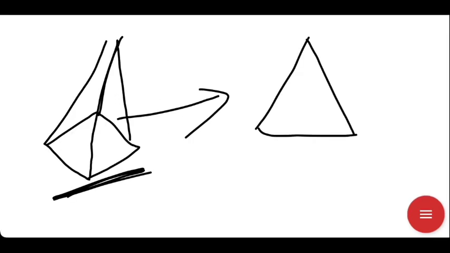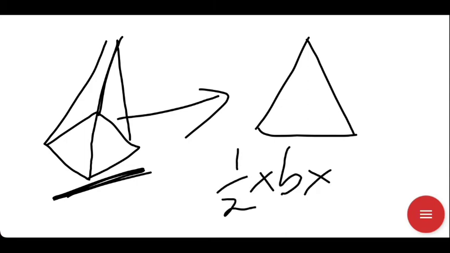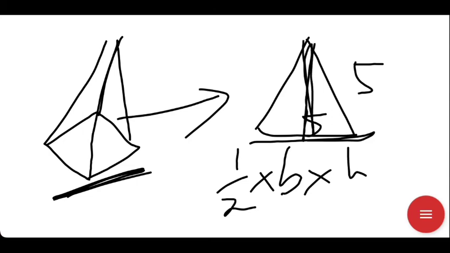To find the area, we need half the base times the height. We know the base already to be 5 centimeters. We know this side is also 5 centimeters. So drawing this, we need to find this vertical height. When you do that, you are dividing the 5 here into 2, so this place should be 2.5.